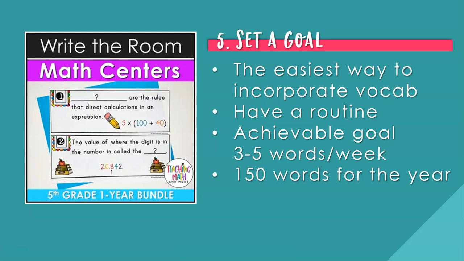So an achievable goal is about 3, 4, or 5 words a week, and that will help you achieve a big goal of 150 words for the entire school year. This can easily be done when you have a system or routine in place with math centers or a math vocabulary notebook. Simply add 3, 4, or 5 words every week for students to practice, and then by the end of the year, you will have achieved your 150 word goal.